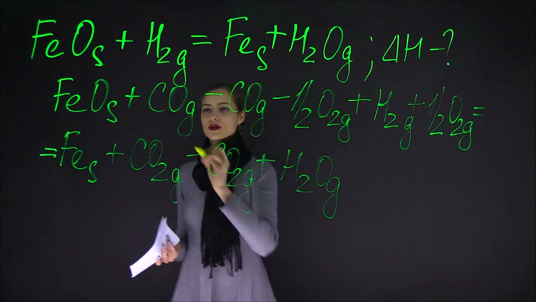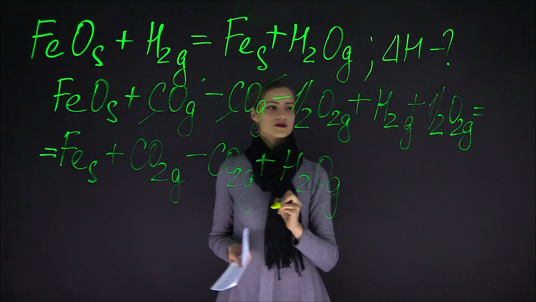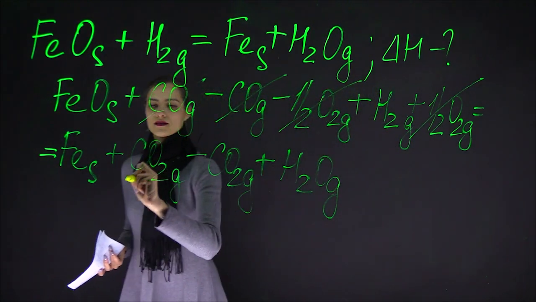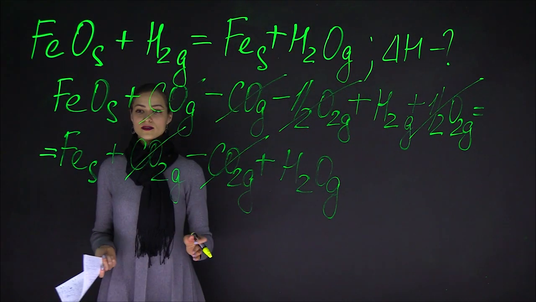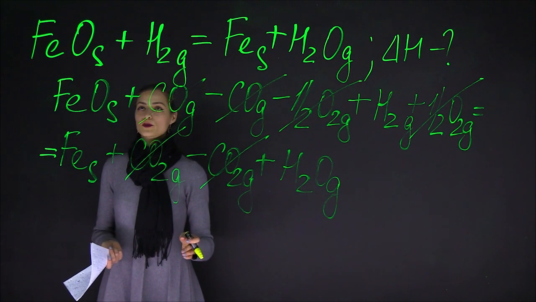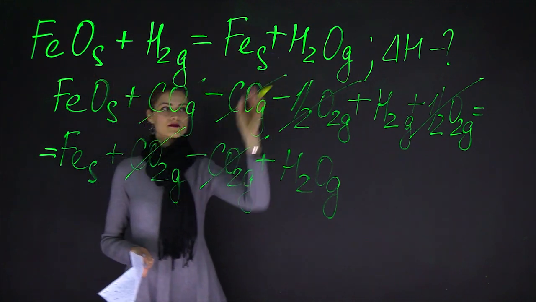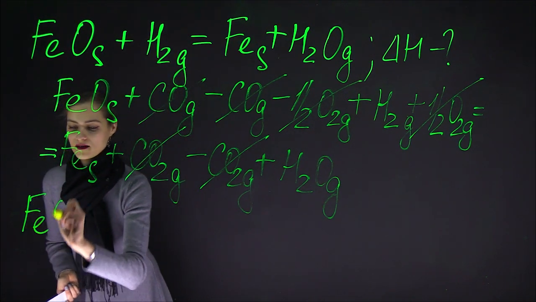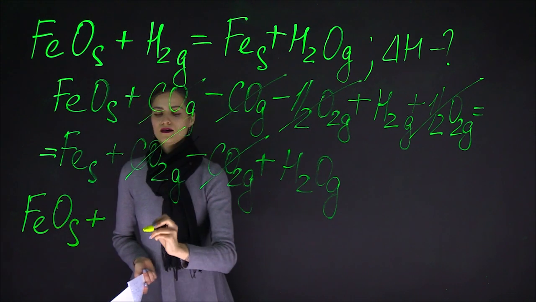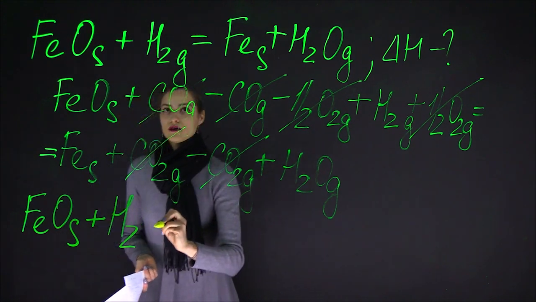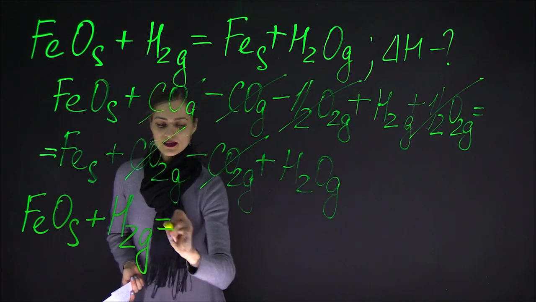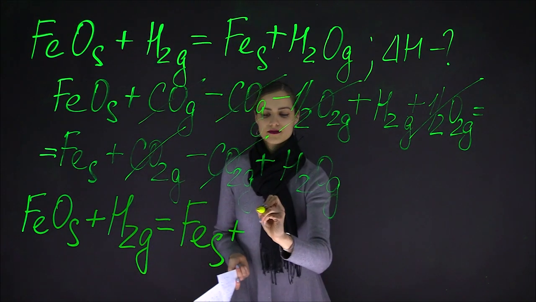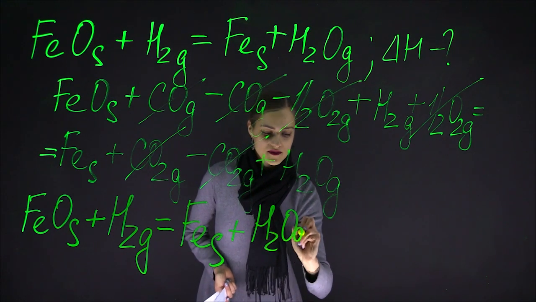And we see that we can cross out carbon monoxide, pure oxygen and carbon dioxide. And finally, after this algebraic operation, we get the initial equation which we need. So, iron oxide reacts with pure hydrogen and produces pure iron and water vapor.